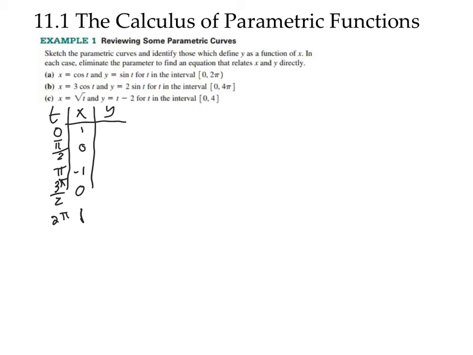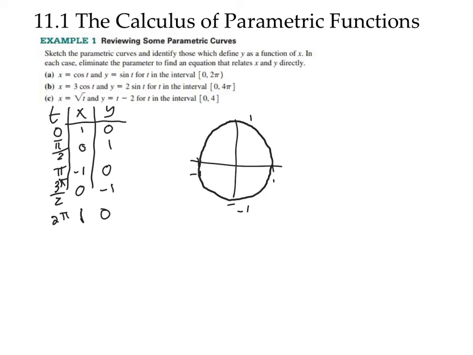So sine of 0 is 0, sine of pi over 2 is 1, sine of pi is 0, sine of 3 pi over 2 is negative 1, and 2 pi is back to 0. So basically, we start at (1, 0), go to (0, 1), (-1, 0), (0, -1), and back to (1, 0), making a familiar circle. To eliminate the parameter, pretty easy.